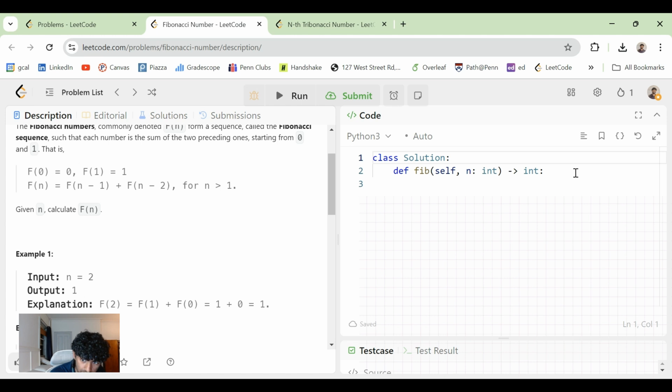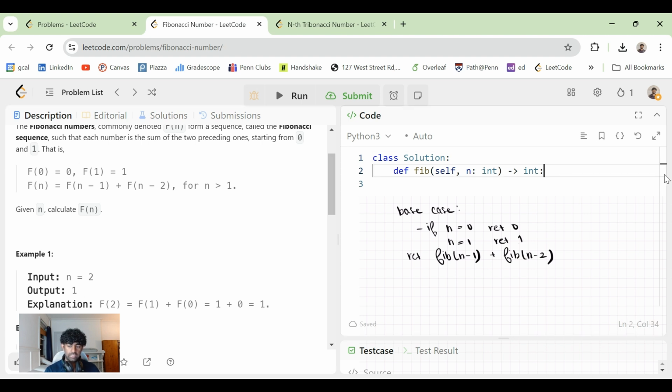We call the same function again on n minus 1 plus fib of n minus 2, where we basically define a base case saying if n equals 0, then we want to return 0. If n equals 1, return 1.